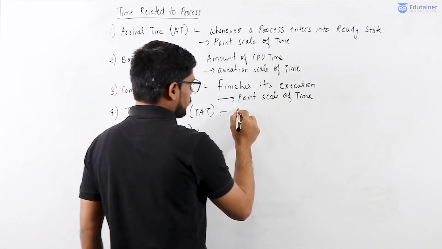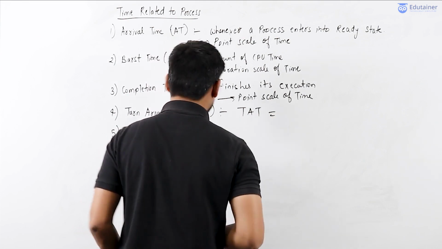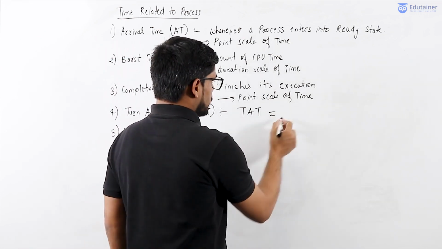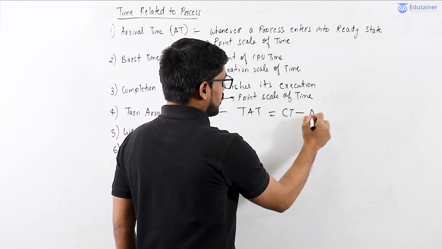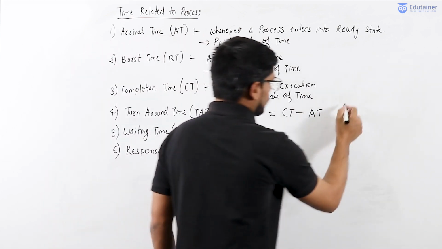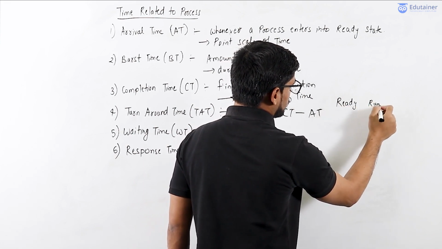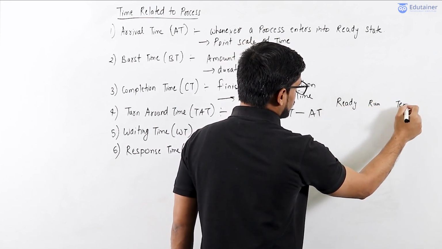Turnaround time is the difference between completion time and arrival time. Let's say we have the ready state, then the run state, and then the termination state.